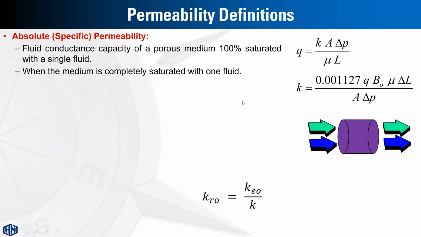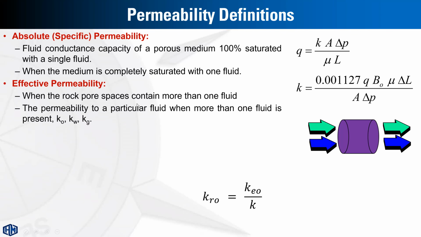As you can see at the reservoir, in field units, actually the porous media is not 100% saturated with one phase; we have more than one phase at the reservoir condition. At least we have two phases. So we have a new definition, which is the effective permeability.